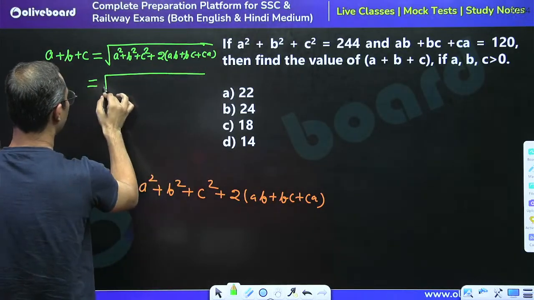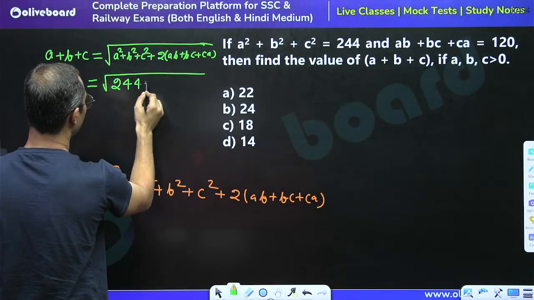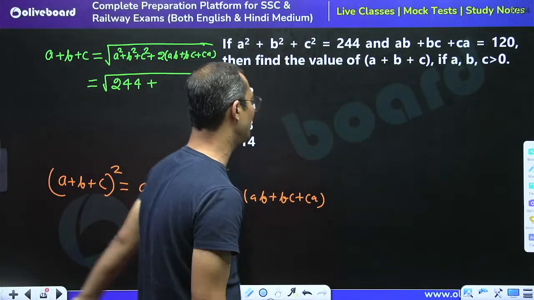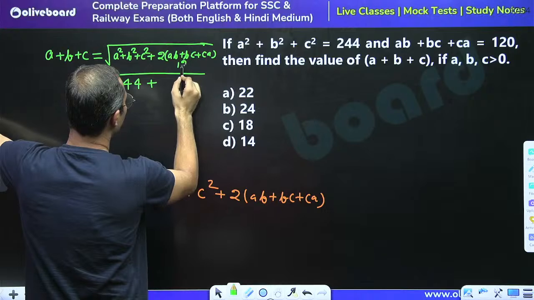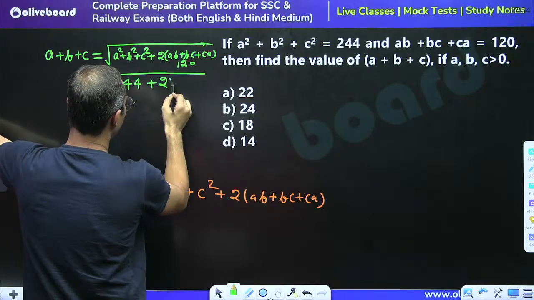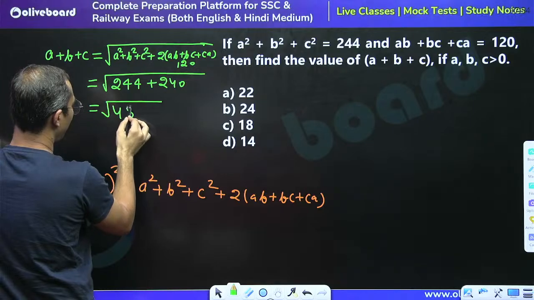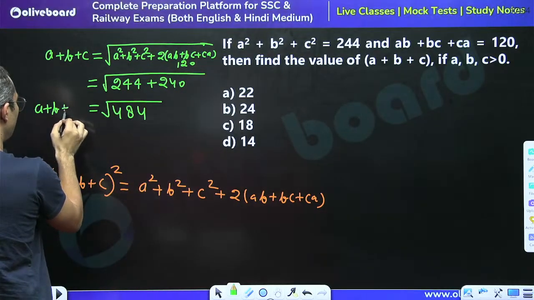We have the value of a square plus b square plus c square, that is 244. We also have the value of ab plus bc plus ca, that is 120. 120 into 2 will become 240. So the square root of 484 is equal to the value of a plus b plus c.